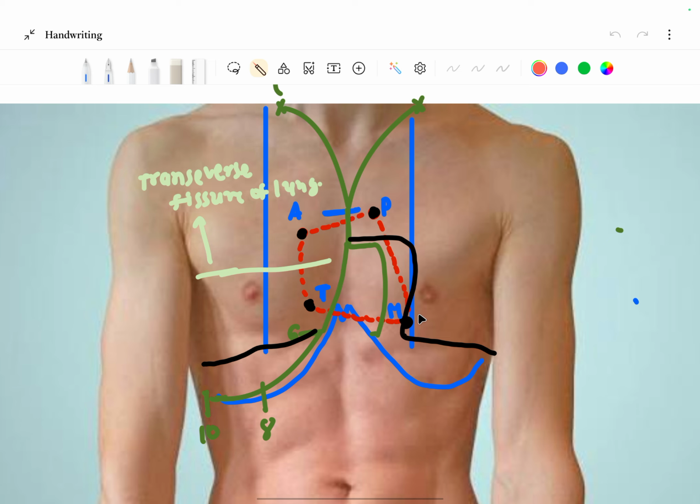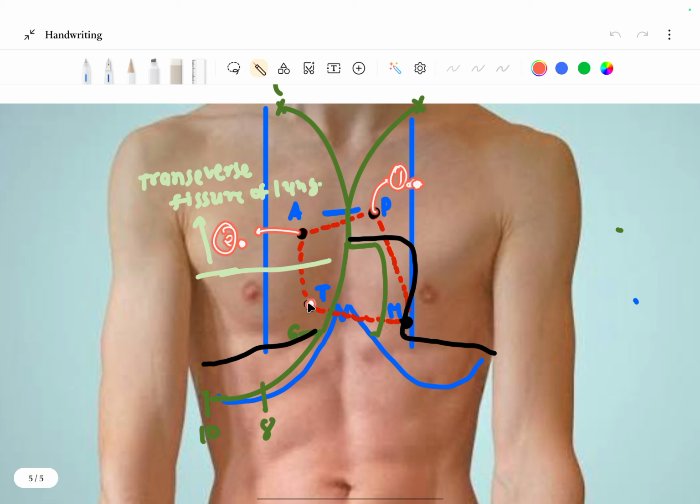Then after this, your fifth point will be the fifth intercostal space. Okay, is it clear? So the first point is at the level of the lower border of the second rib.